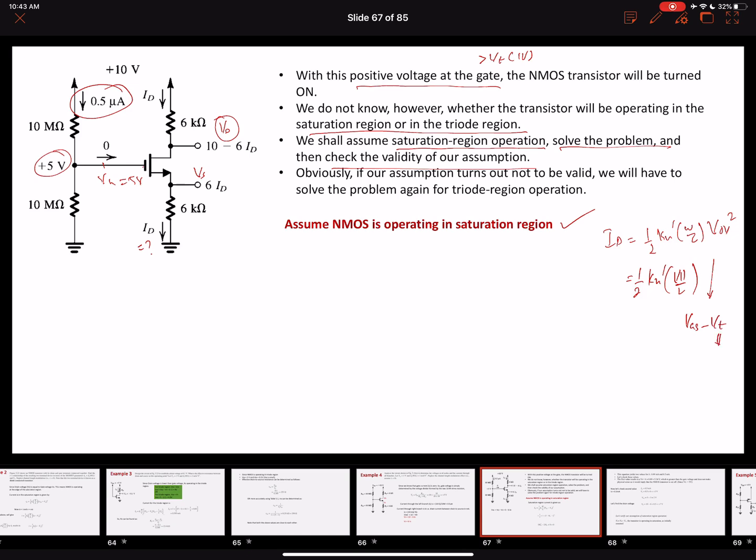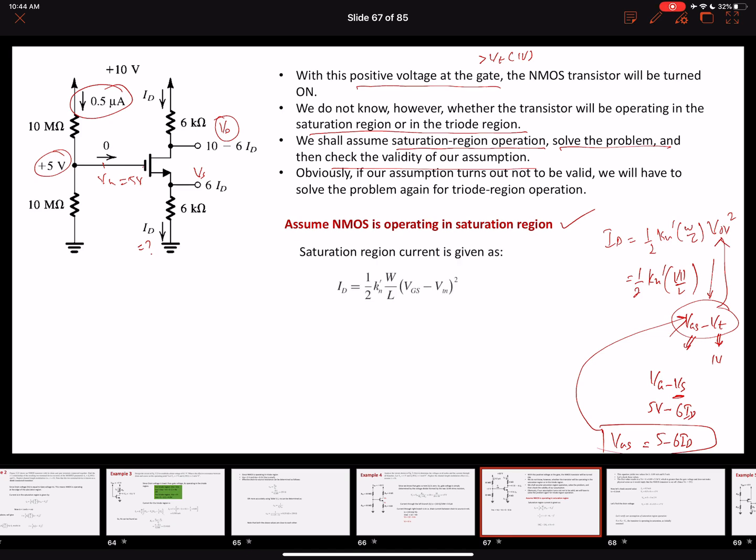We know the value of VT is 1 volt. What is VGS? VGS is VG minus VS. The gate voltage is 5 volts. What is the source voltage? Source voltage is 6 ID. So we are going to put 5 minus 6 ID as the gate to source voltage in this equation over here.